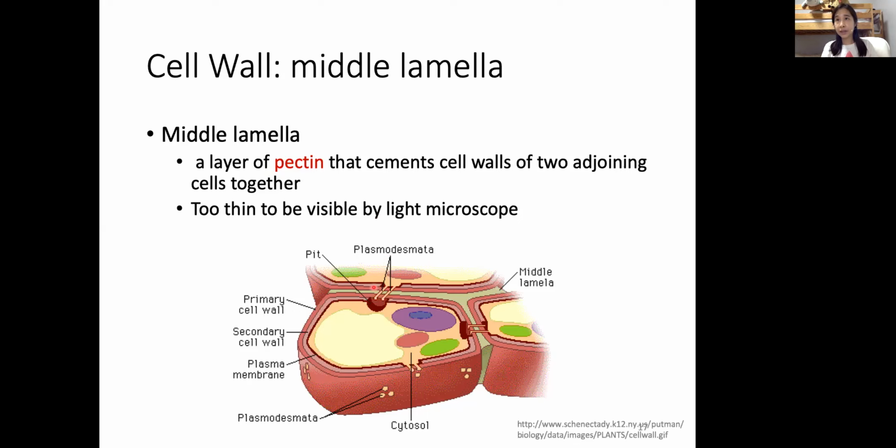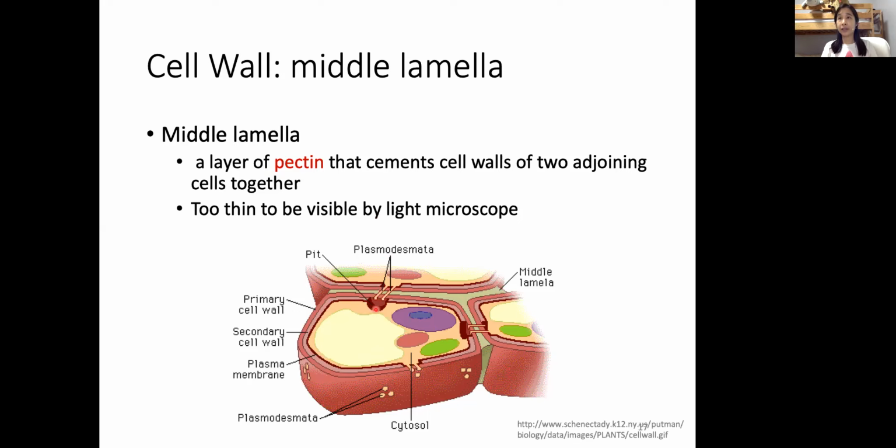In this picture, you can see that the middle lamella is in green color, and the red one right here is the primary cell wall. The next one inside is the secondary cell wall, and then you have the plasma membrane and cytoplasm.